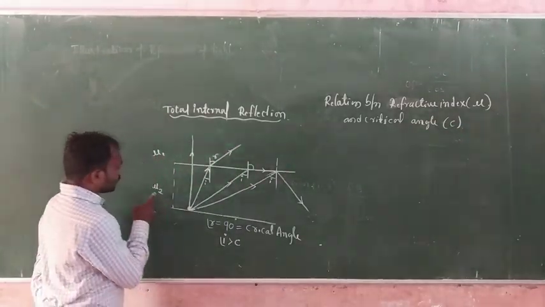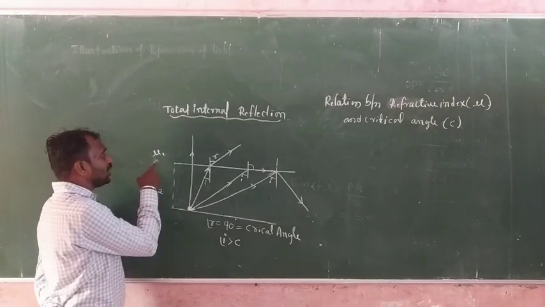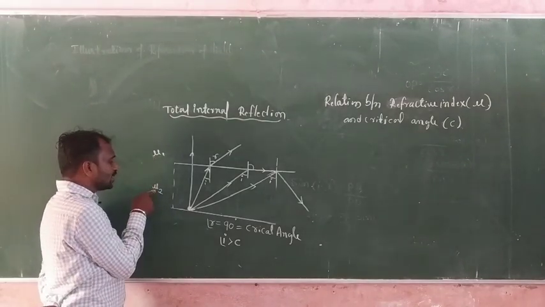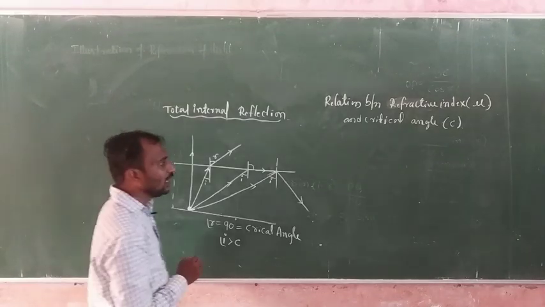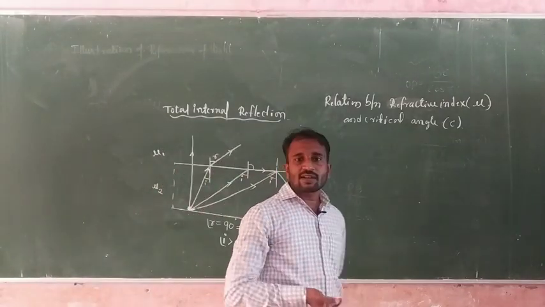So here, this one is a denser media and this one is a rarer media. Denser media has refractive index mu2 and rarer media has refractive index mu1, and we already know Snell's law.